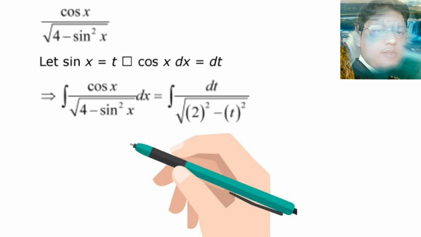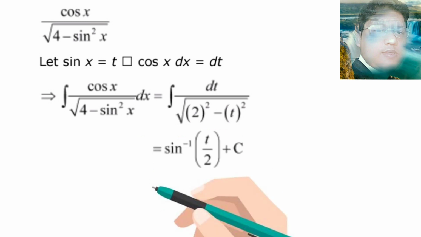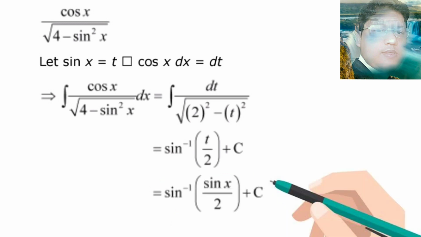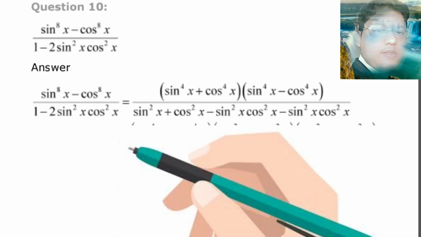After that I get the integration dt upon root of 2 square minus t square. So it is the identity of sin inverse t upon 2 plus c. And that is the answer: sin inverse of sin x upon 2 plus c. So my dear students, I think you understand this question, because instead of t you have to substitute sin x.